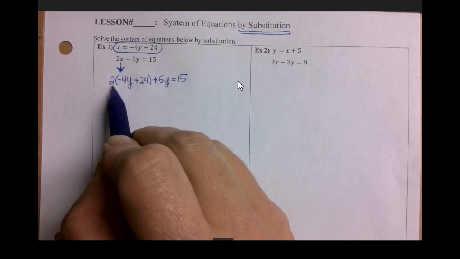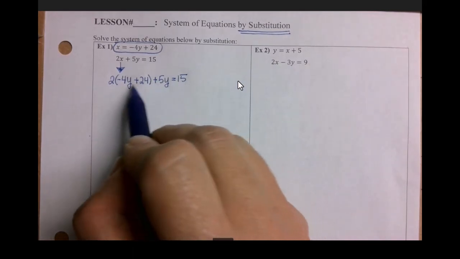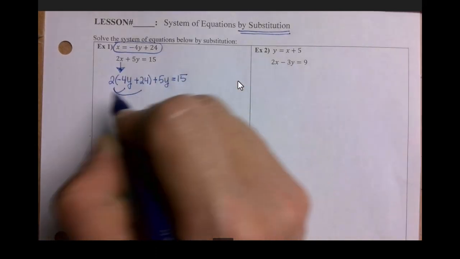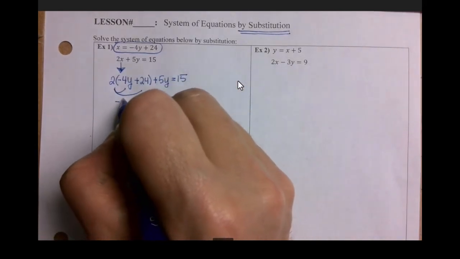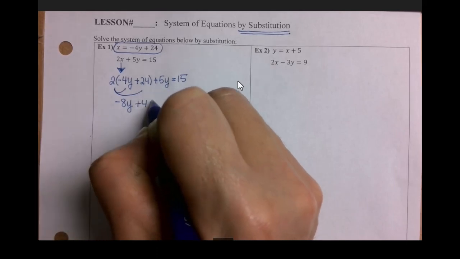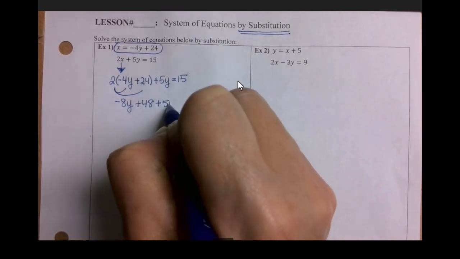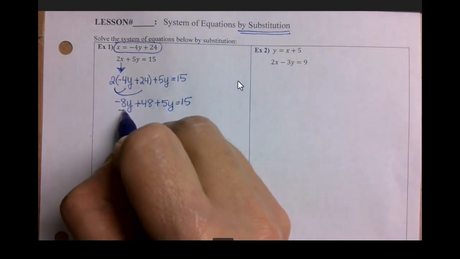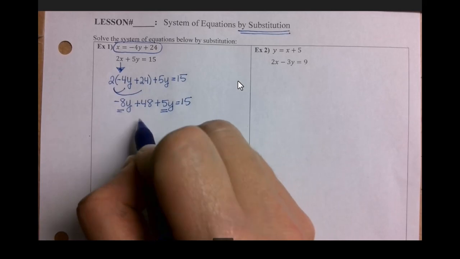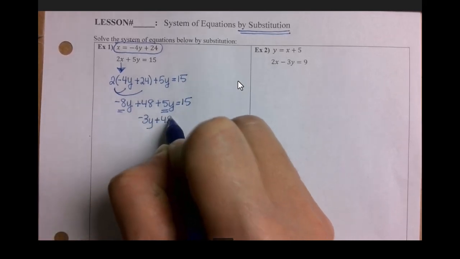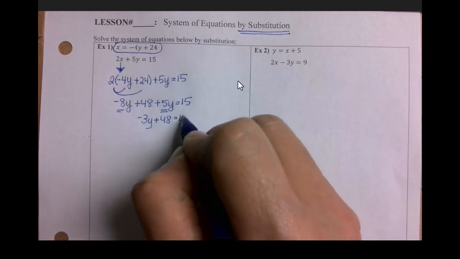And if you notice, now I have an equation here with only one variable, which is the variable y. So now I solve the equation by eliminating parentheses, so this would be negative 8y plus 48 plus 5y equals 15. We're going to combine negative 8 with 5. That gives us negative 3y. We bring down the 48 and we bring down the 15.